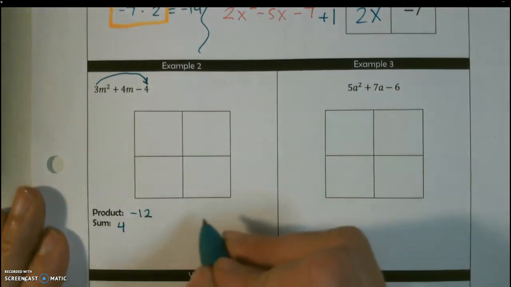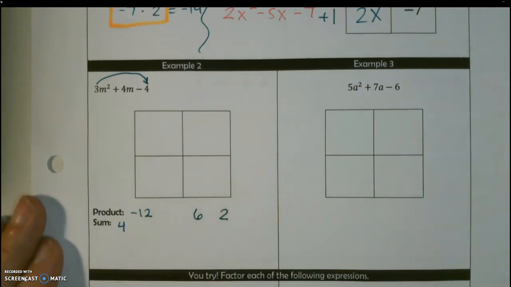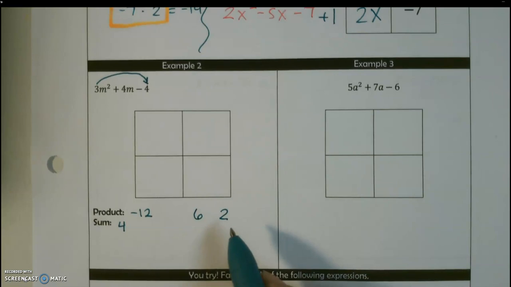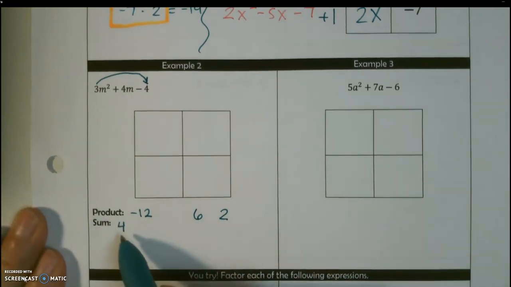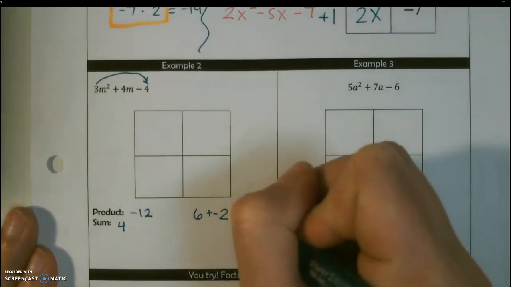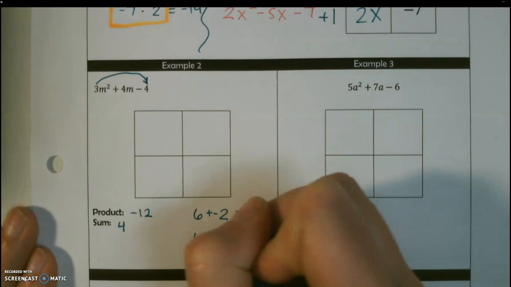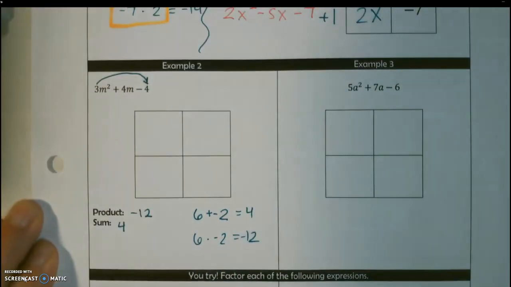Well, let's play around with some factors of 12. Maybe we could play around with 6 and 2. However, if we want it to be -12, we're going to have to put a negative on one of the values. If we want it to add to be +4, it looks like we're going to have a -2, which then our magic numbers are complete.